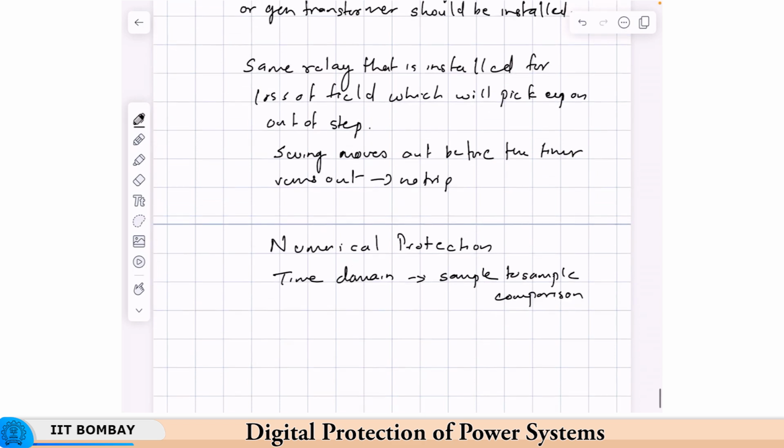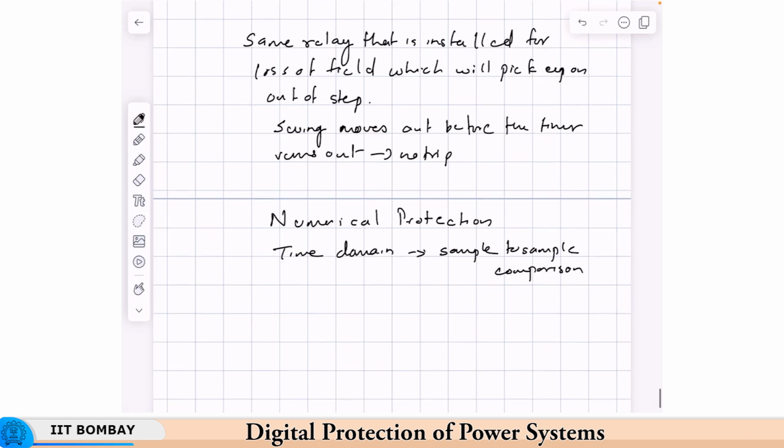If you are talking of frequency domain, we use normal phasor estimation methods like full cycle DFT or half cycle DFT. We have to take care of the DC offset, because this is a generator, and if there is a fault, there could be a DC offset current. Okay.